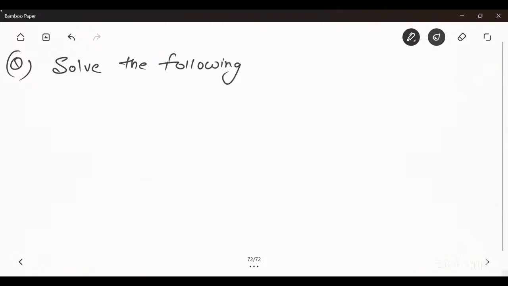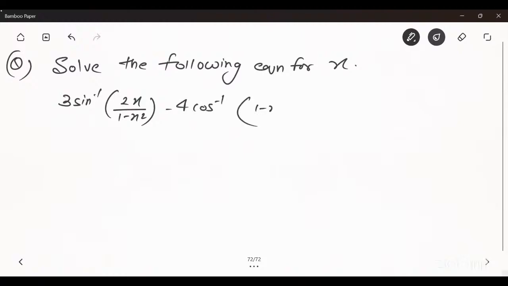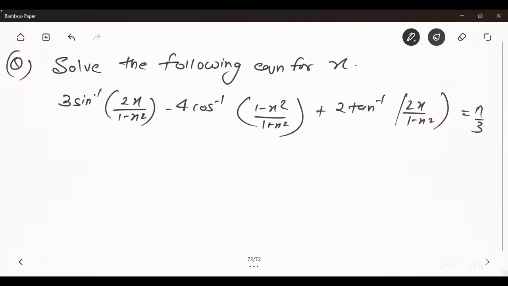Solve the following equation for x. 3 sine inverse 2x upon 1 plus x square minus 4 cos inverse 1 minus x square upon 1 plus x square plus 2 tan inverse 2x upon 1 minus x square is equal to pi by 3.